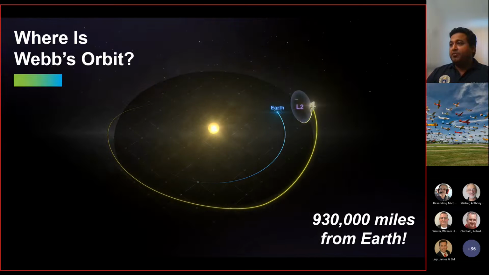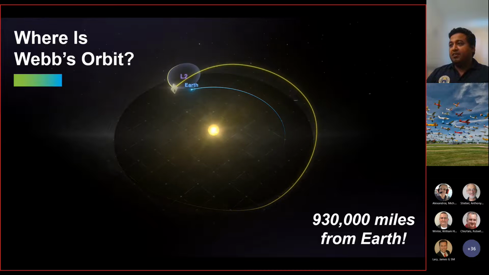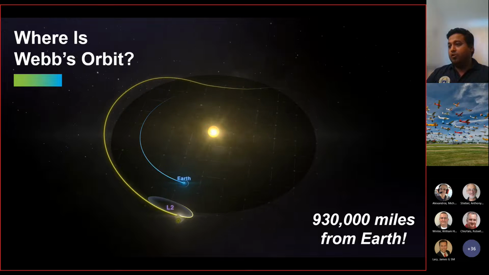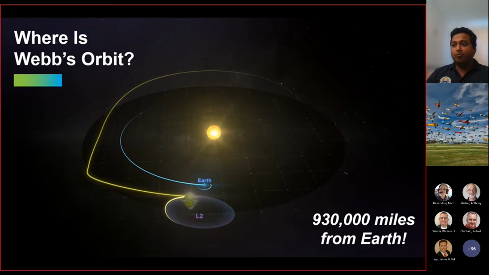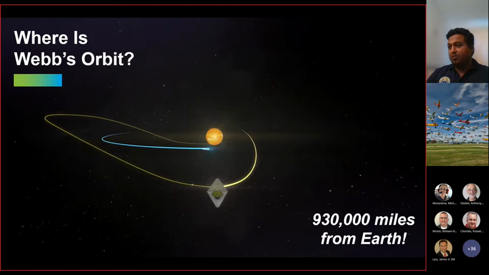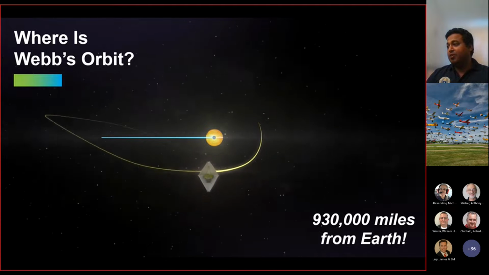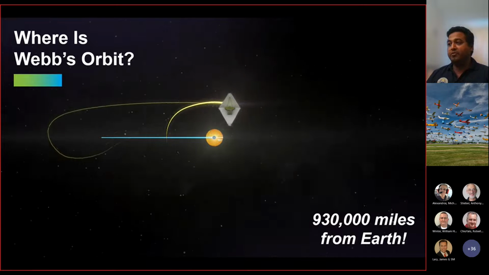I briefly touched upon this, but you can see the orbit of the Earth with respect to the orbit of the Webb telescope. So this orbit is 930,000 miles away from Earth.